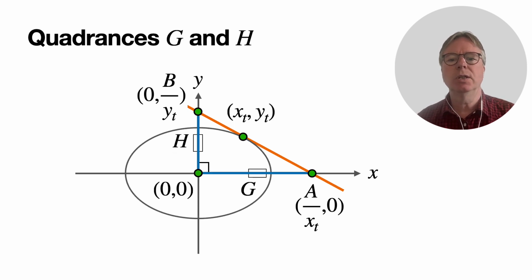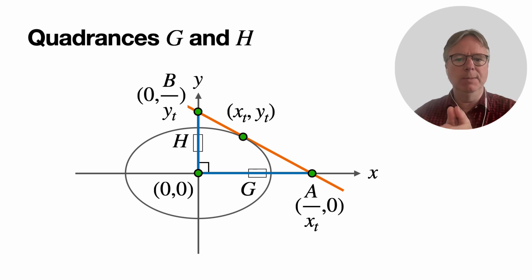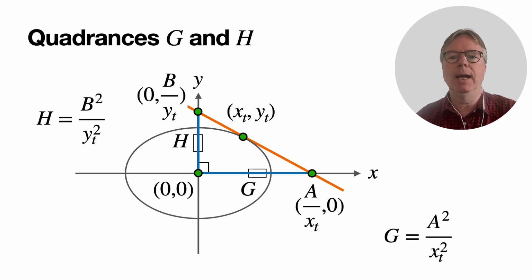Now I'm going to define two new quadrances, G and H. G is from 0, 0, the point in the middle, to that intersection point, and H is the other one. If we express the quadrances, it's simply the square of one of the coordinates, or actually of both, but one of them is 0. So G is a squared over xt squared, and H is b squared over yt squared.